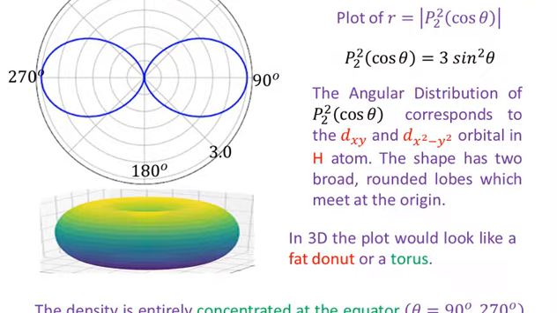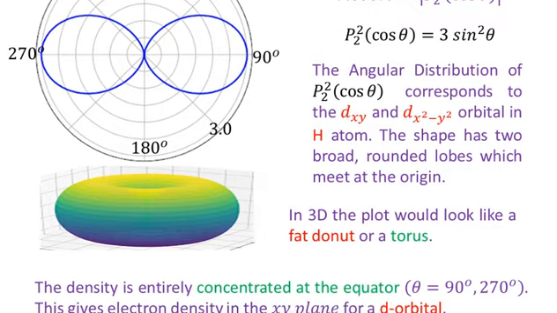In the 3D plot, the shape would look like a fat donut or a torus. Because we have to rotate this figure through 0 to 2 pi, when these lobes lying in the x and y plane are rotated about the quantization axis, that is about the z axis, then we find this fat donut type shape or a torus type shape.